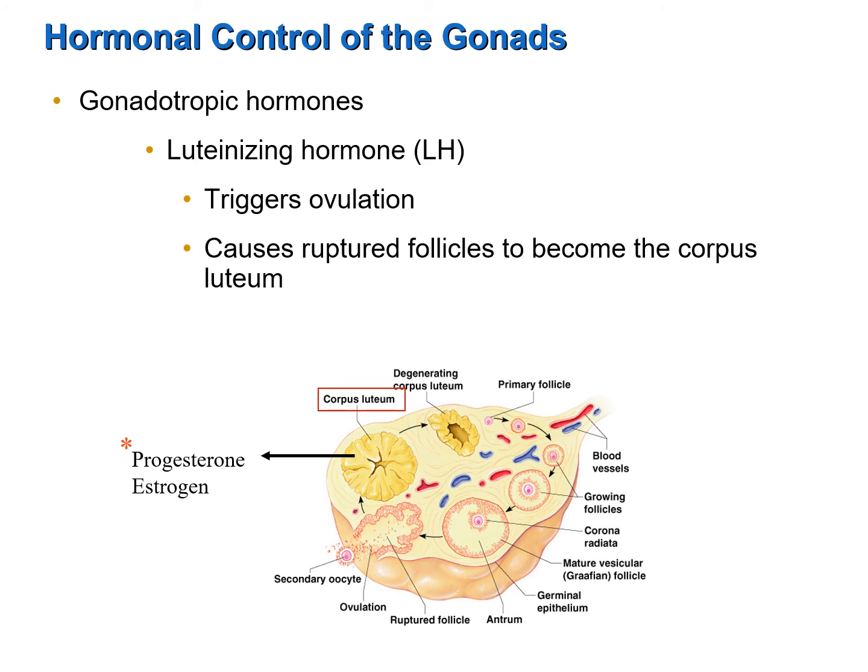What that progesterone does, and this is not something you have to know, but I thought I would include it so I can tell a full story, is it maintains the endometrium lining of the uterus, so that if this oocyte becomes fertilized, it has a place to implant for the growing of an embryo. So luteinizing hormone causes the production of progesterone and, to a certain extent, estrogen.